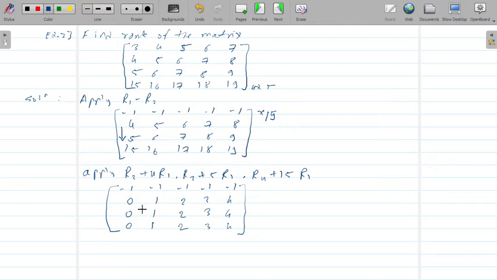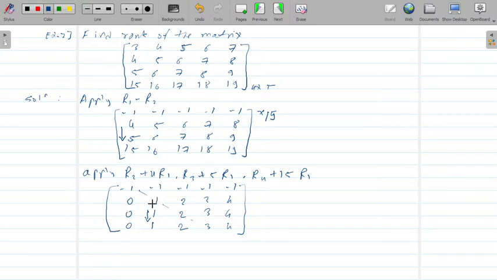Next step, go to A22, and we have to make all entries below A22 equal to 0 by applying row transformations. So just subtract: R3 minus R2. Remember, to make entries below A22 equal to 0, you have to use only the R2 row. Don't use the R1 row, because once you use R1, these zeros may be disturbed. So we have to take care of that.